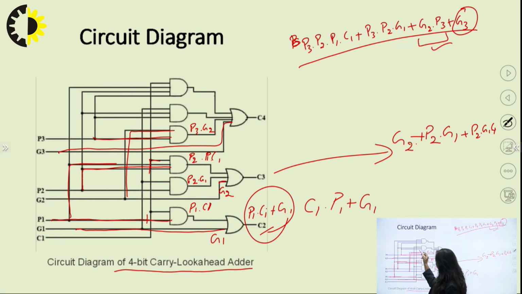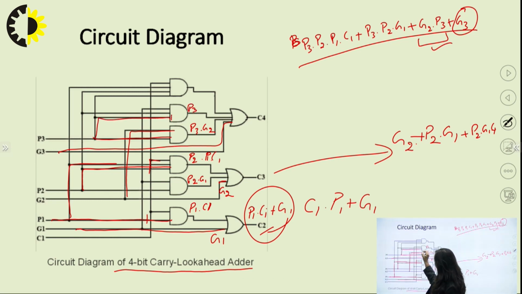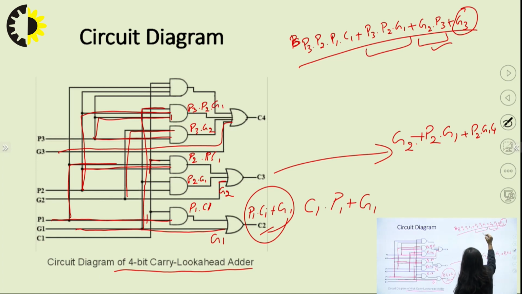And here you can see P3 dot P2 dot G1, so this part.